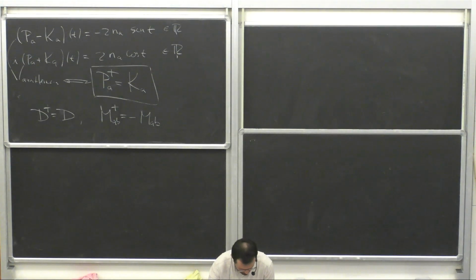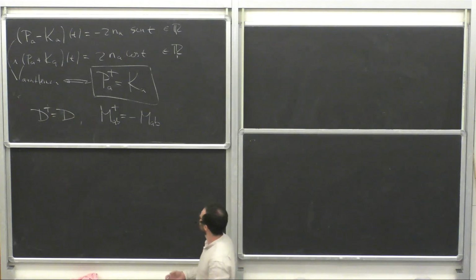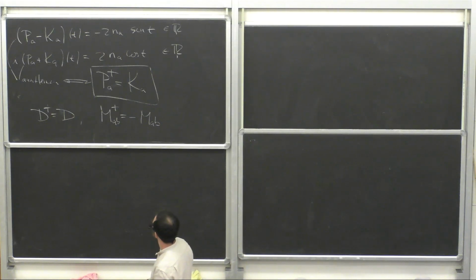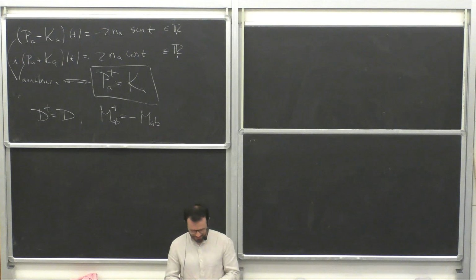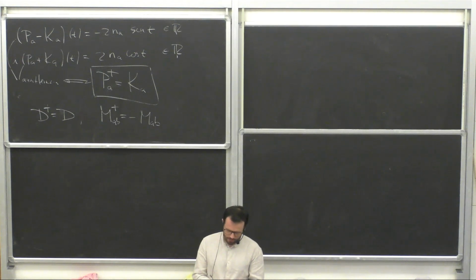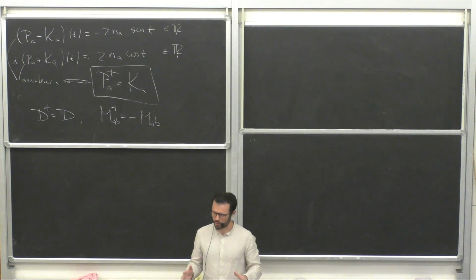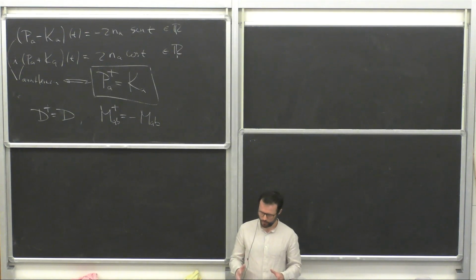Sorry, but why does that help? The fact that P_A dagger is K_A. Well, we want to know how... I should have said a few more things. In general, classifying representations is hard, but classifying unitary representations is a much more constrained problem. For now, we just know that local operators are a representation of this conformal algebra of SO(1,d+1), but we don't know what kind of representation.